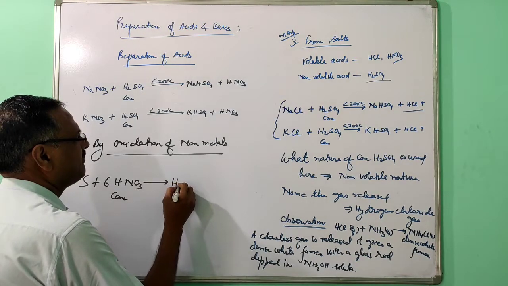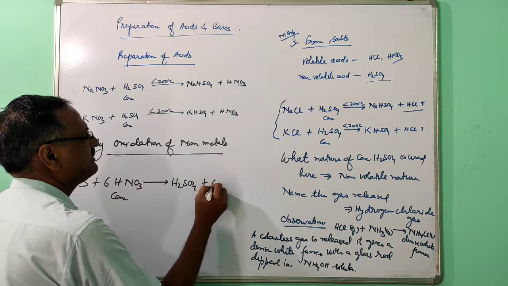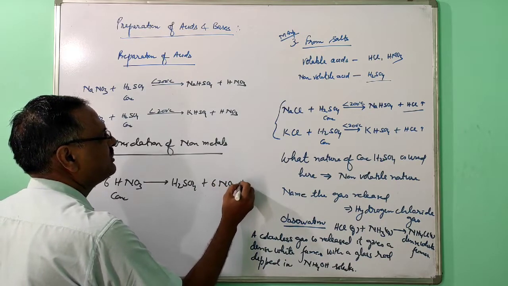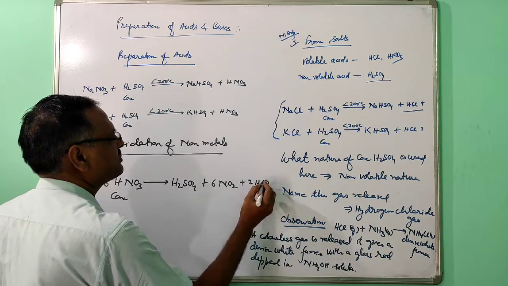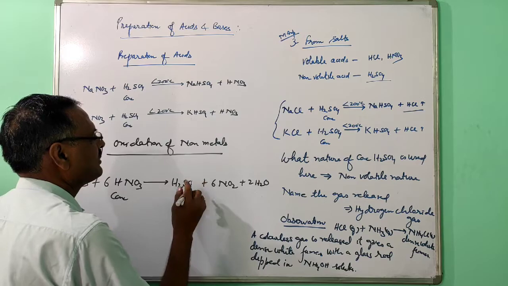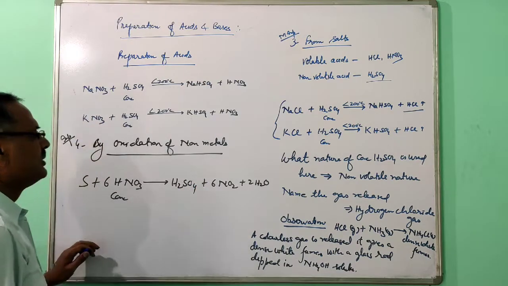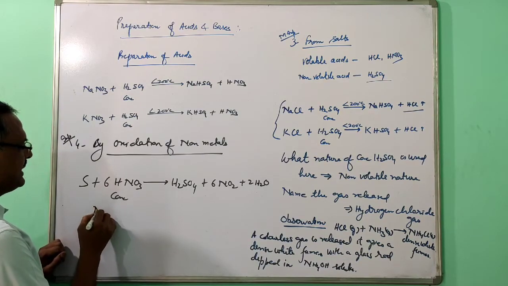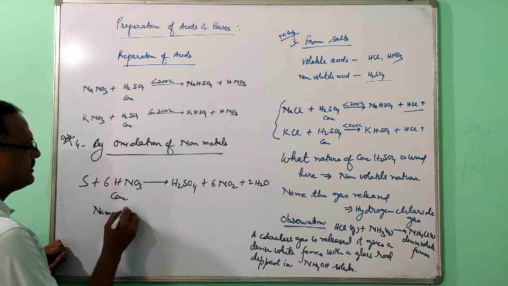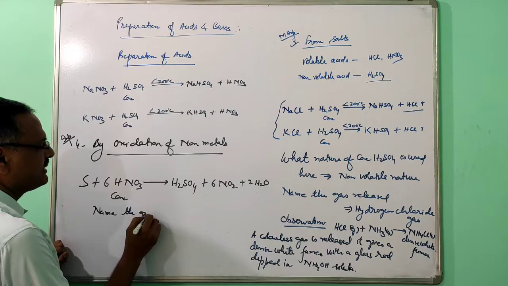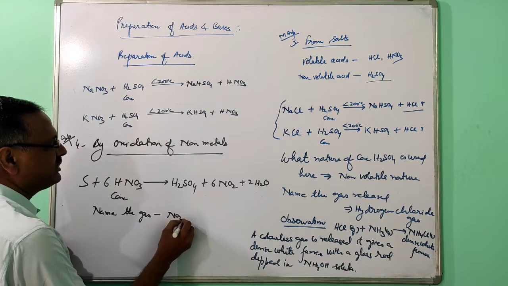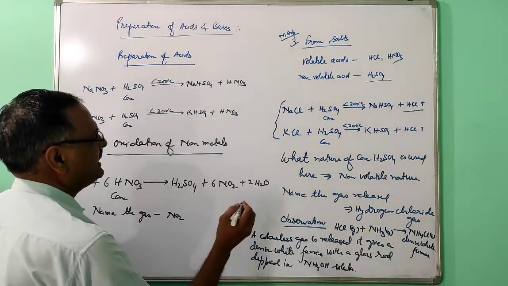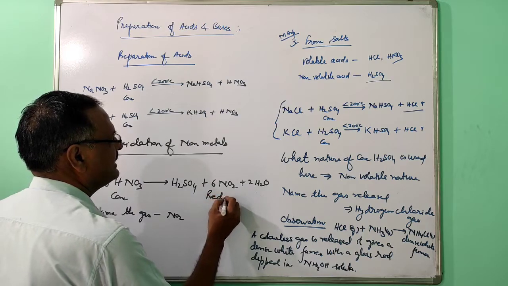This will form sulfuric acid, 6NO2 plus 2H2O. In this reaction, observation can be asked: name the gas released. This nitrogen dioxide, and nitrogen dioxide color is reddish brown.